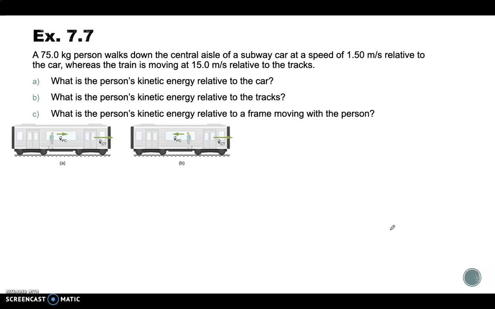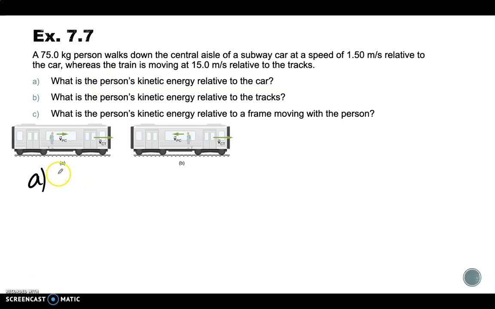Okay, so now we are combining our little bit of information we have learned about relativity with our knowledge of kinetic energy. So the first part is, what is the person's kinetic energy relative to the car?